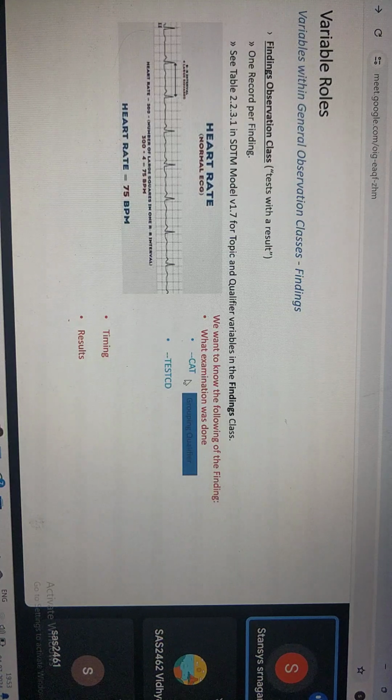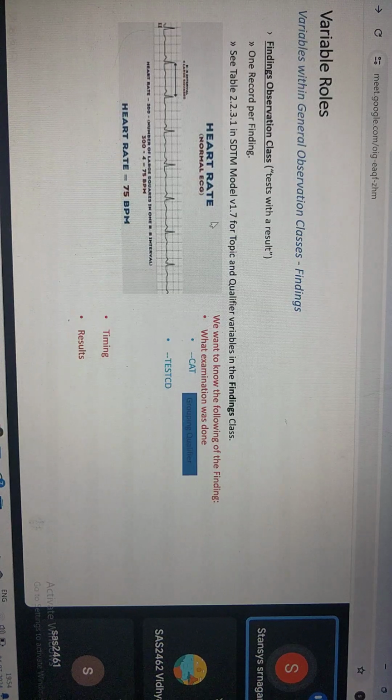The test code is the short form of the test name. For example, in vital signs, systolic blood pressure, SYSBP is the test code, the short form of the test. Diastolic blood pressure, DIABP, is the short form of the test. Temperature, TEMP, is the short form, which means the test code is TEMP.